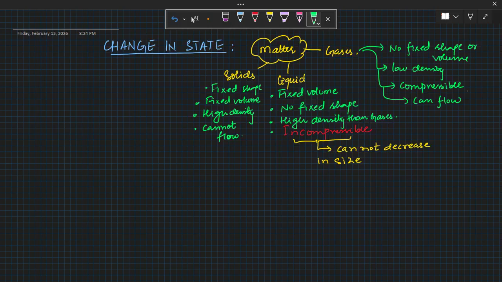For example, if I have ice and it goes to water, the name of the process is melting. If water is coming back to ice, that's freezing. These are all processes you have already studied.